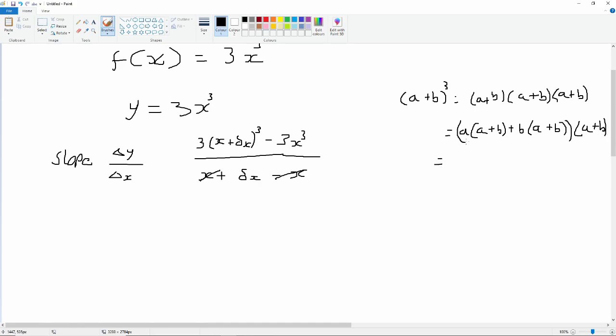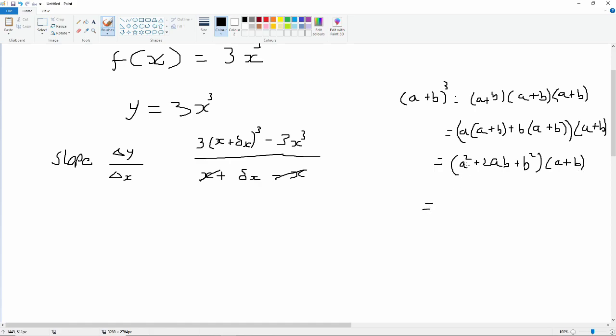And that's equal to, well, a times a is a squared, a times b is ab, and then b times a is ba, which is the same as ab. So ab plus ab is 2 times ab. And then b times b is b squared. And then all that is multiplied by a plus b.